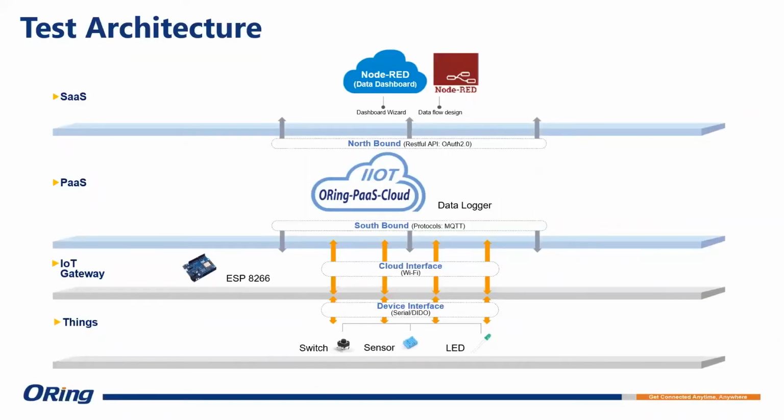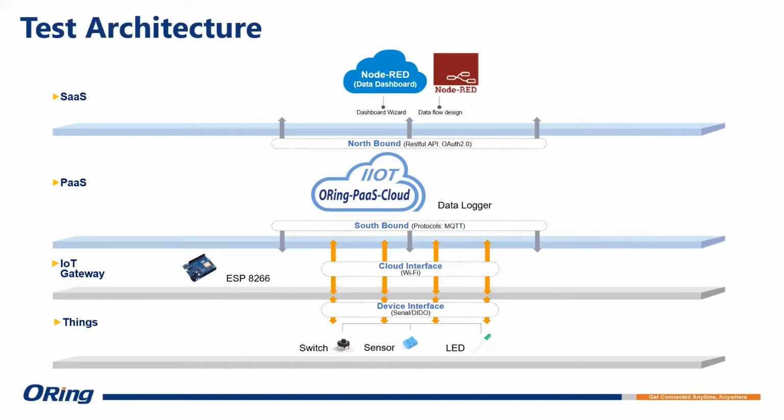And as you remember the ORing PaaS architecture from previous slides, this is the same slide which represents the actual architecture of the live demo I will present today. So in our case, the things will be switch, sensor, and LED.